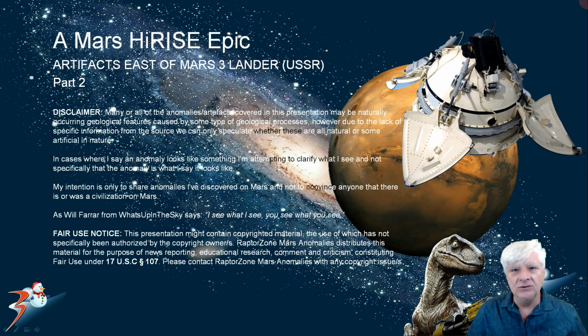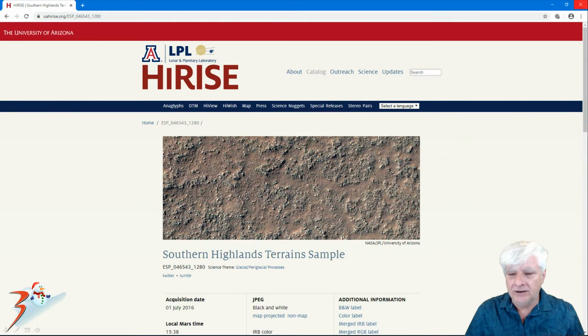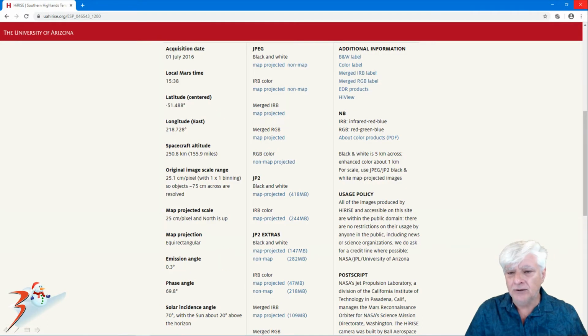This is part 2, the conclusion of artifacts east of Mars Lander 3 on Mars. The high-rise photograph we're analyzing here, Southern Highlands Terrains Sample, and I'll include the link to this page below. Acquired on the 1st of July 2016 at 25.1 centimeters per pixel.